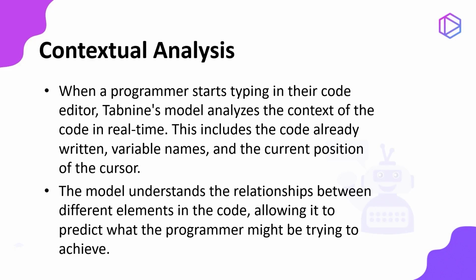It takes the current cursor position and recommends a suggestion, which you accept by pressing the Tab key. The model understands the relationship between different elements in the code, allowing it to predict what the programmer might be trying to achieve to complete the complex task.